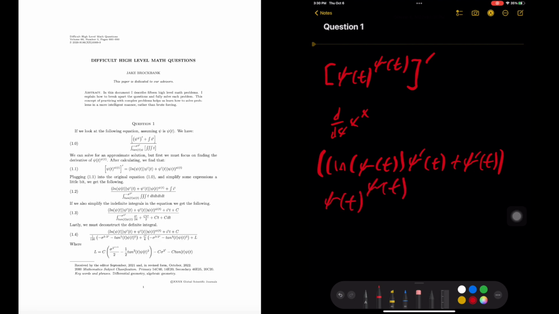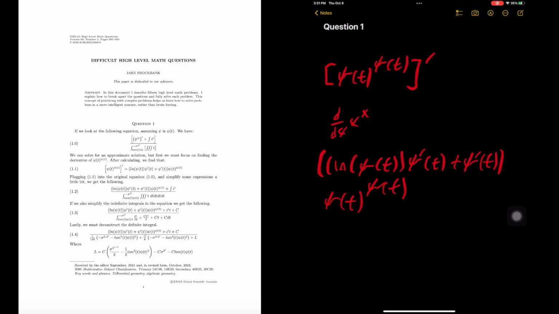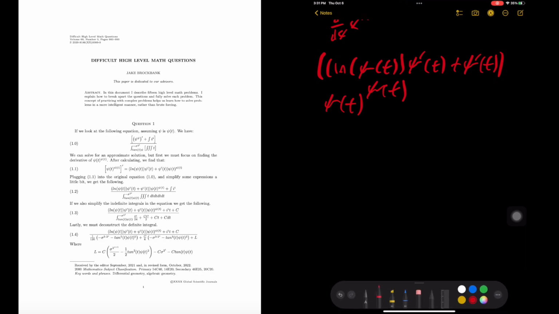So that's the fully expanded form. Now that we've solved this, it is fairly simple. We're just going to plug it back into the original equation. It's quite redundant, so I won't be plugging it in, as I've already done that in the paper and you probably saw it. But we will move on to the next step.